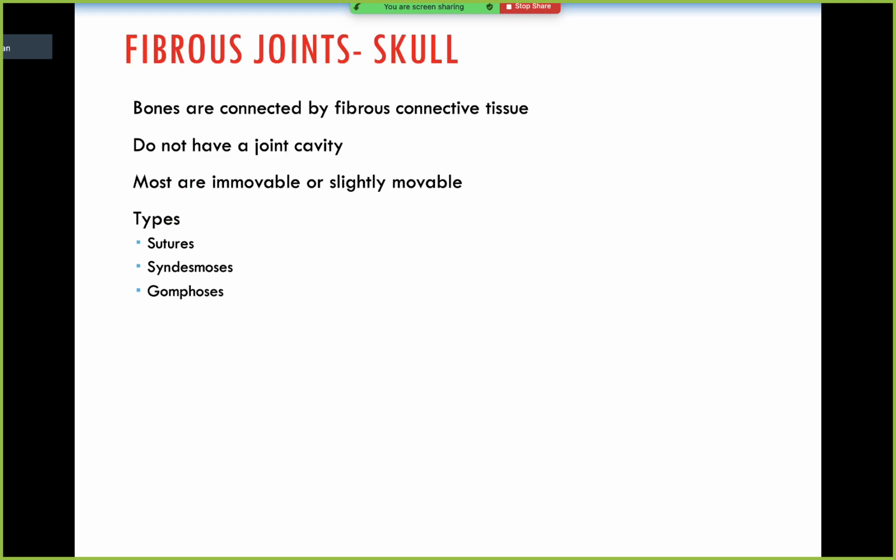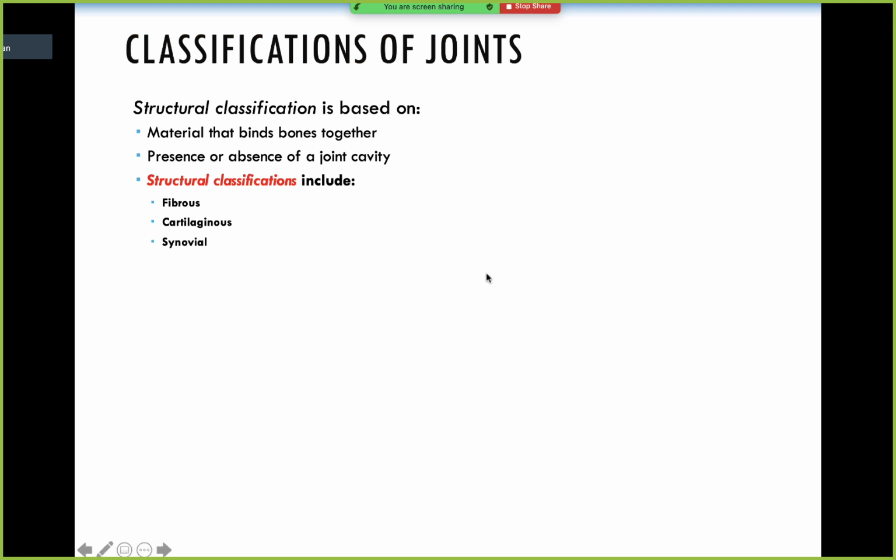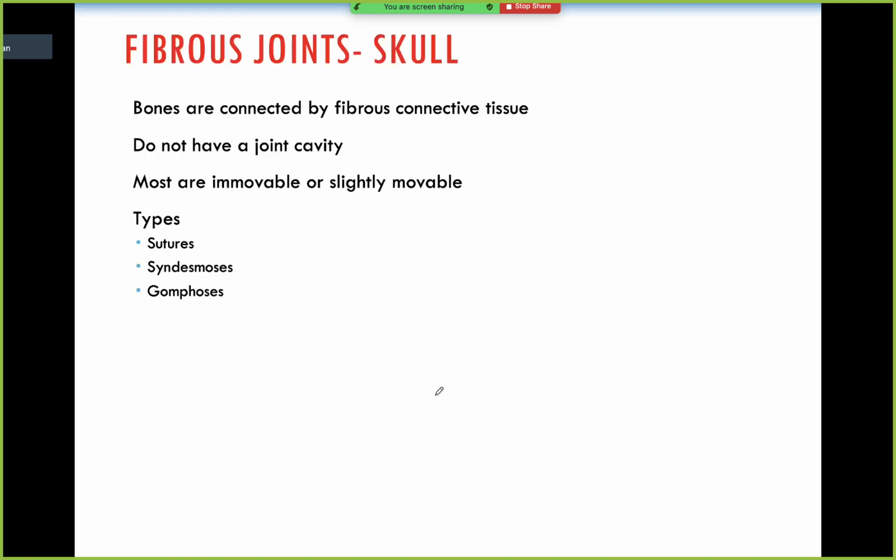So let's start by talking about fibrous joints. If I go back one slide, we're going to go right now through these three structural classifications. I'm going to give you examples, and your job is to know the examples under which of these structural classifications they fall into, and specifically their structural composition. So the first one is a fibrous joint.